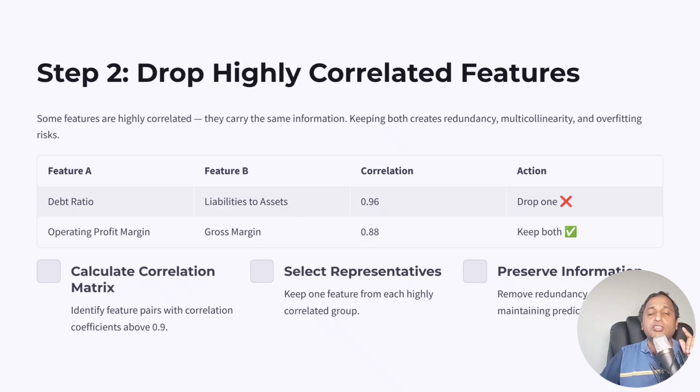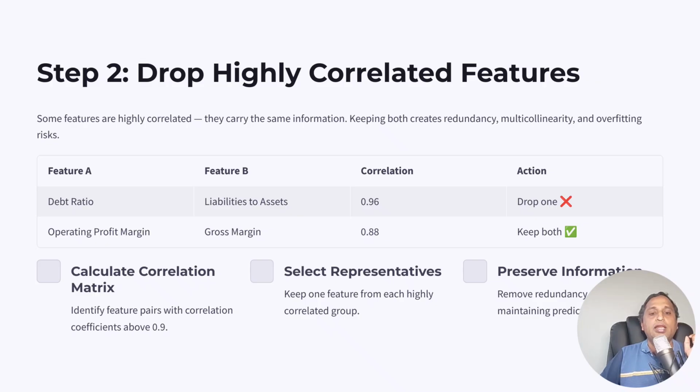Now we need to focus on dropping highly correlated features. Sometimes in our data set, 2 features are basically saying the same thing, just in different words. This is a problem because it introduces duplication, can lead to multicollinearity, and may confuse or overfit our model. Look at the first row in the table.